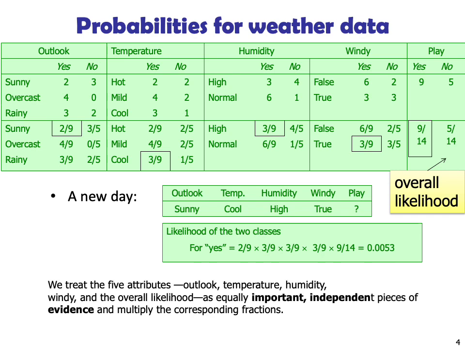So for outlook equals sunny and yes, what was the probability? 2/9. For temperature cool and class yes, 3/9. Humidity high, 3/9. Windy true, 3/9.